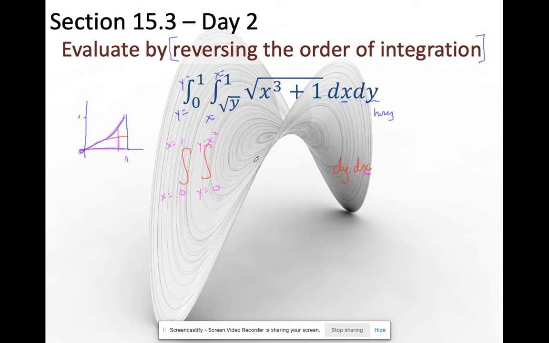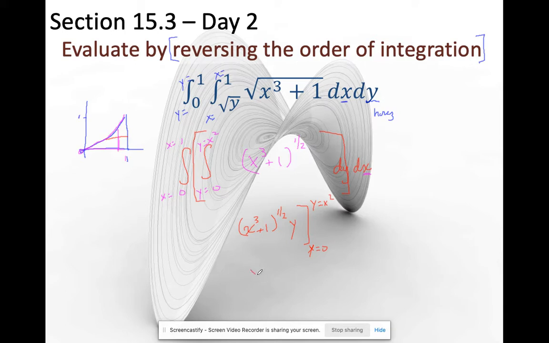Now, since I am integrating the inside here with respect to y, this whole thing is a constant. So when I integrate that, I have the constant times y to the first over 1. And I'm going to evaluate that at y equals 0 and y equals x squared. And notice what happens.